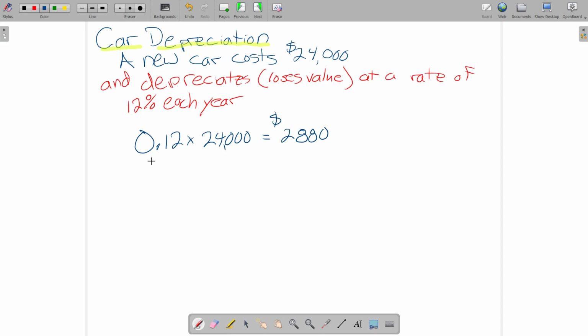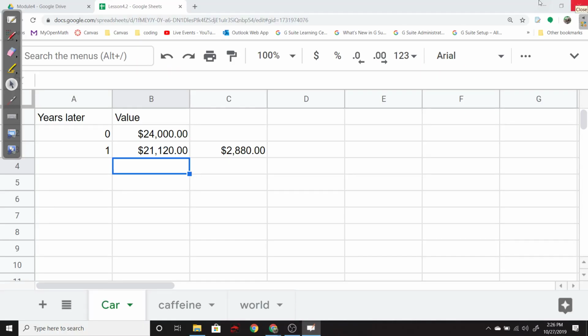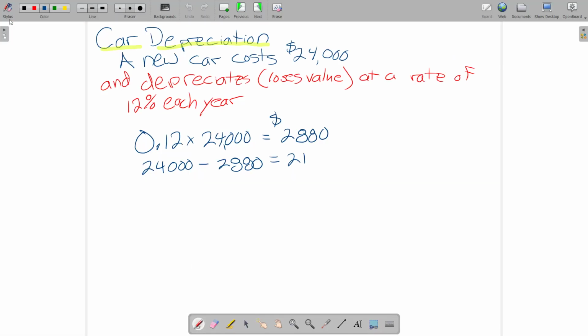$2,880 that we lose, and then taking the $24,000 and subtracting that $2,880 and getting that, 21,120. We can do it a little quicker.